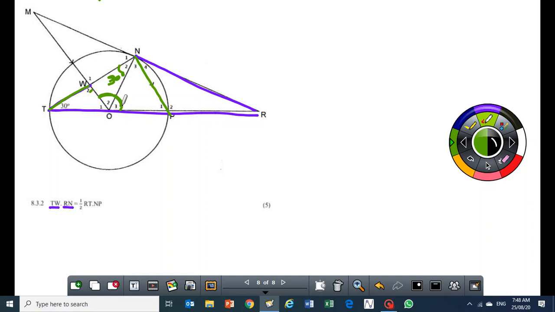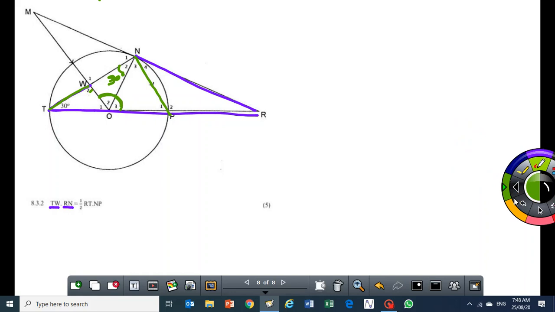Remember, we know the size of M, the size of R. Please, I want you to know that you might see it differently, but this is how I'm going to approach it.